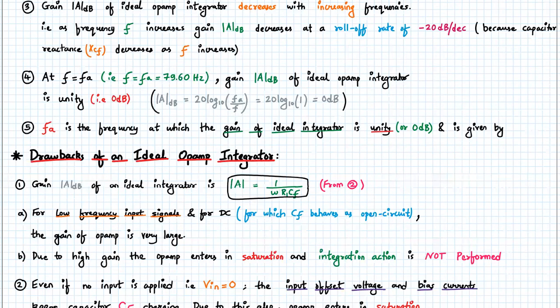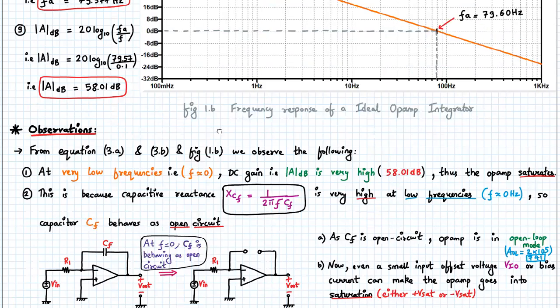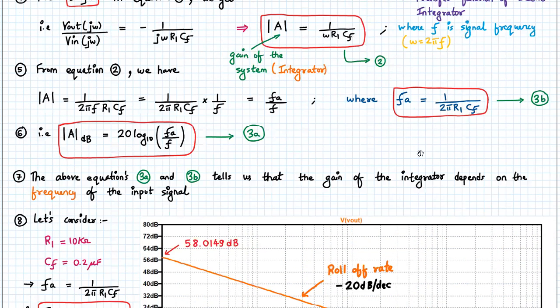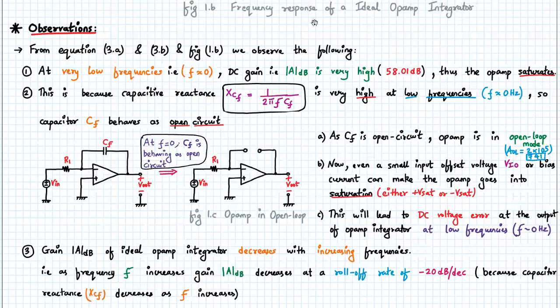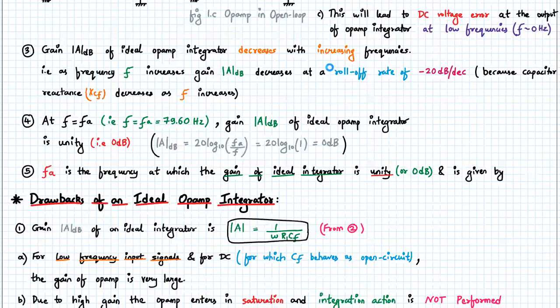Fa is the frequency at which the gain of the ideal integrator is unity, or 0 dB. And it is given by equation number 3b, which is 1 upon 2 pi R1 into Cf. Okay. I hope that point is clear now.